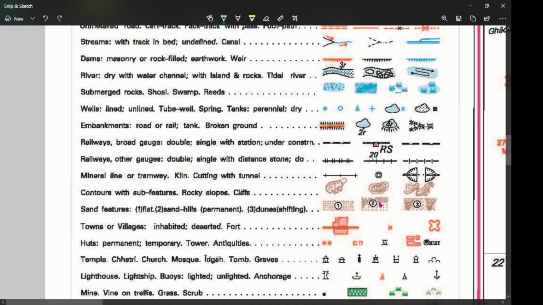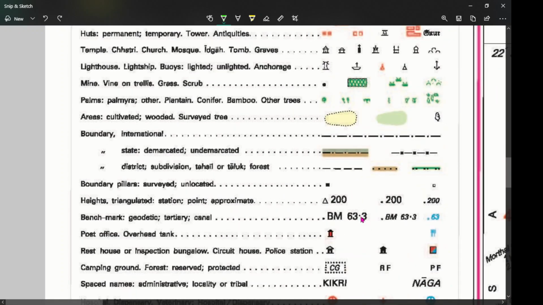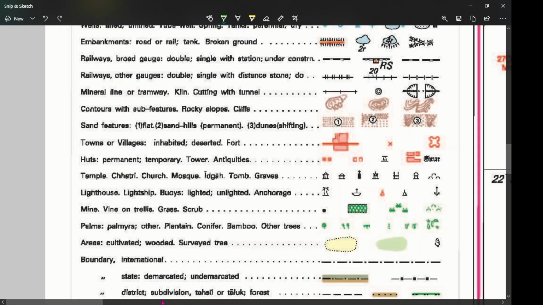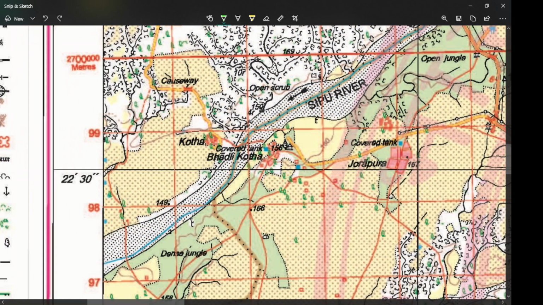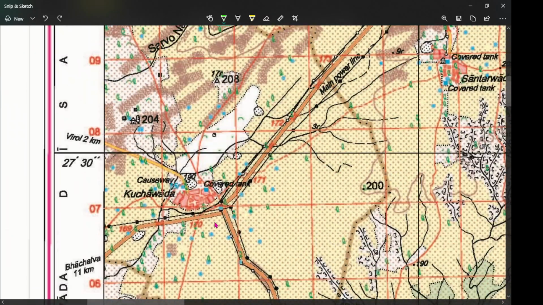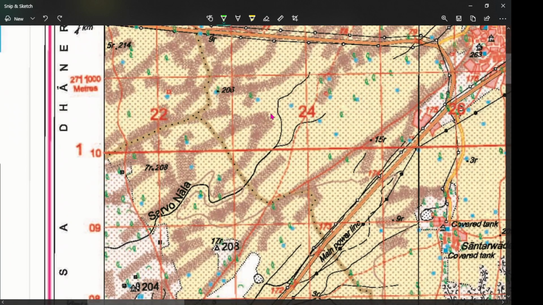Sand hills, permanent dunes, and things like this. Dunes, shifting dunes. So sand features. Let us mark these as sand features. I'm marking these as sand features.